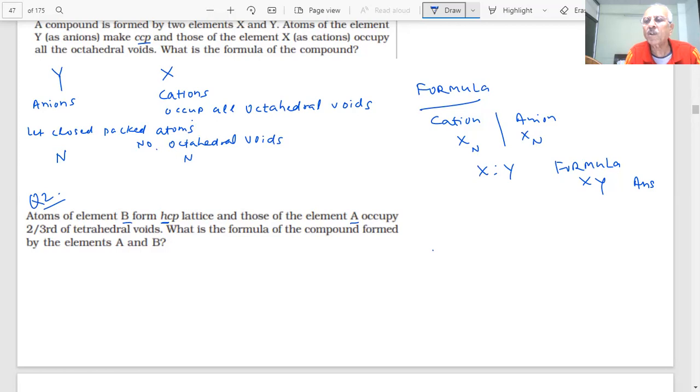What is the formula of the compound? You have 1 minute. Just like this I did, you can do the same. Try to answer the question, students. Okay, try it, then I will see.